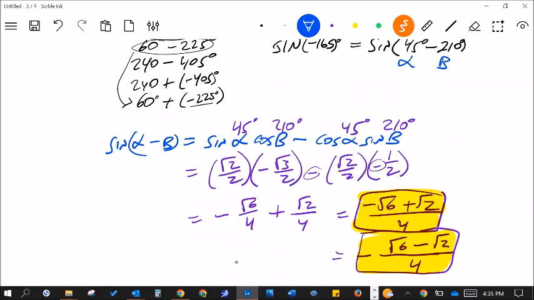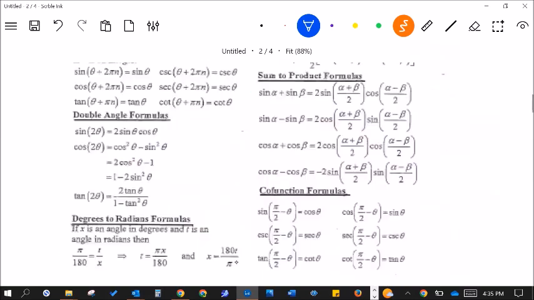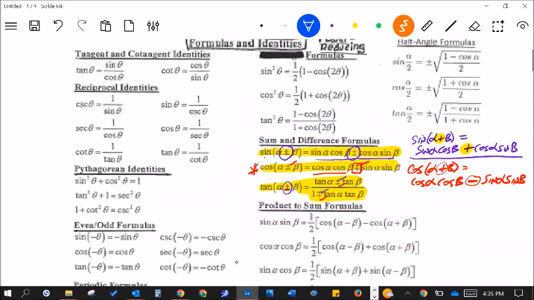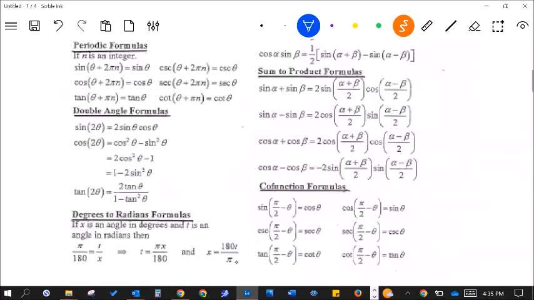It's really just getting the right formula, putting the numbers in, getting the actual cosines and sines, and then adding them all up. So using just those sum and difference formulas, with sometimes the reciprocals or tangent and cotangent ones, gets you through a lot of these kinds of problems.